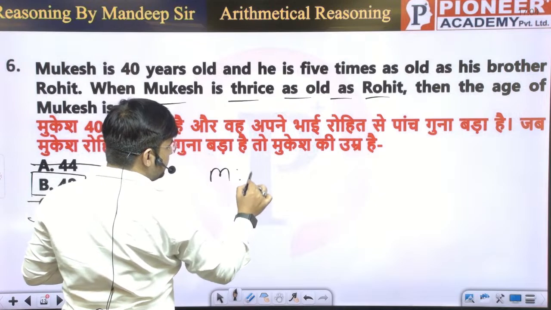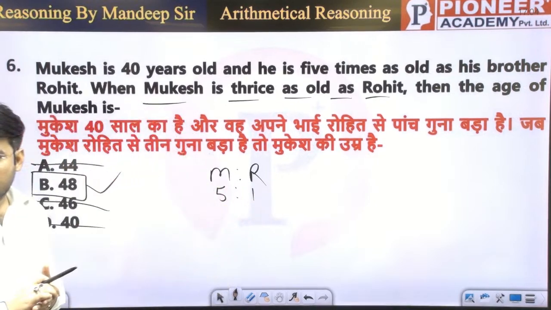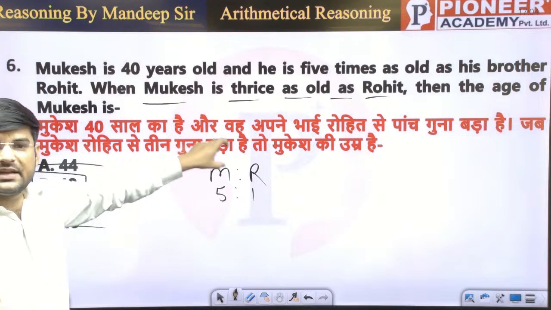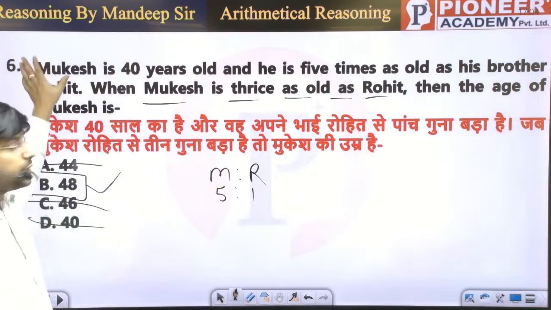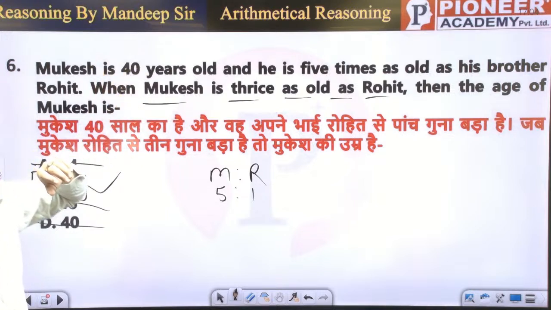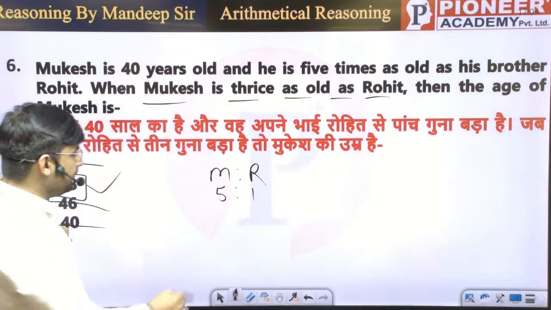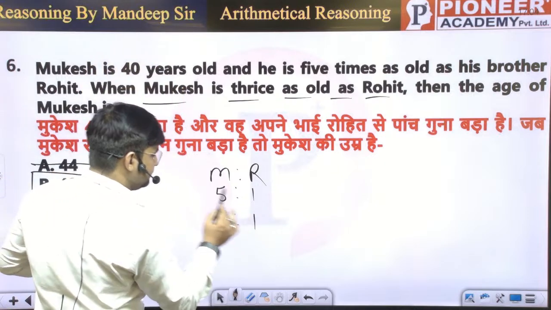So let's take the ratio of Mukesh and Rohit, 5:1. When Mukesh is 5 times his brother, Mukesh's age is 40. Leave it. And we have to find Mukesh's age when he is 3 times his brother. So 3:1.